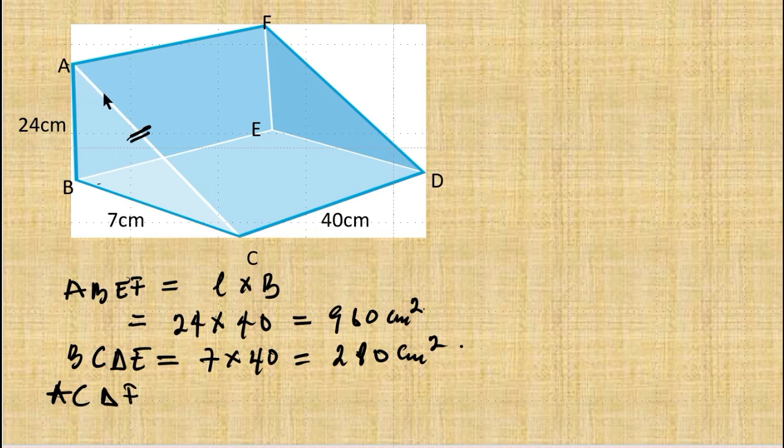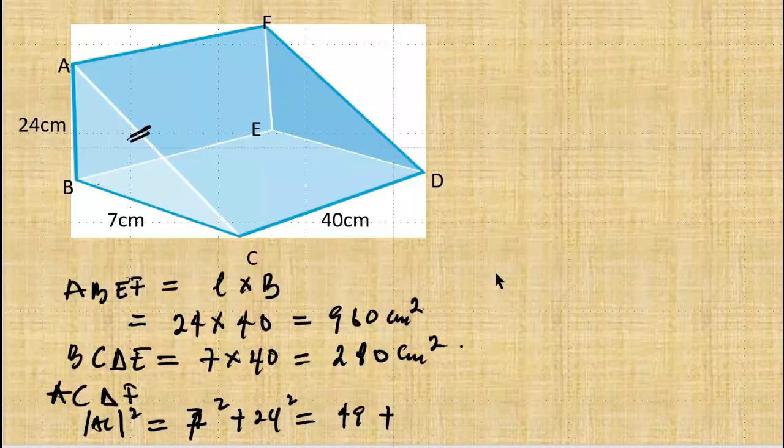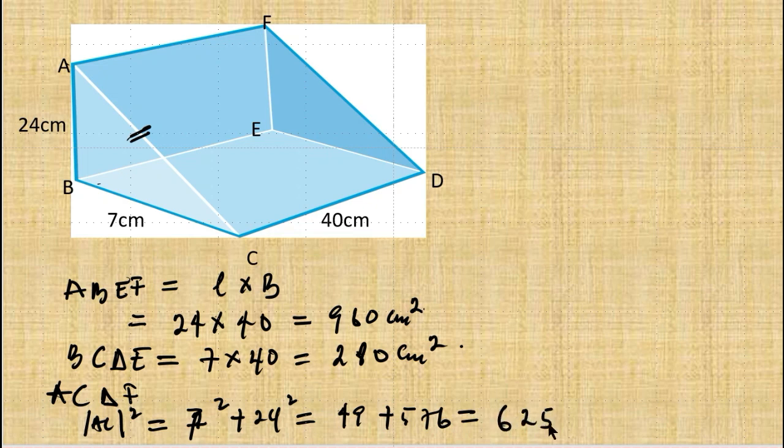AC is the hypotenuse of this triangle ABC, and we can apply Pythagoras theorem, so that AC squared is the same thing as 7 squared plus 24 squared, which is 49 plus 24 squared. 24 times 24 is 576. That gives 625.